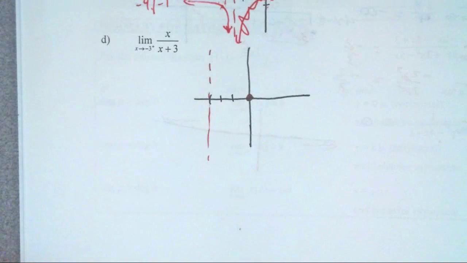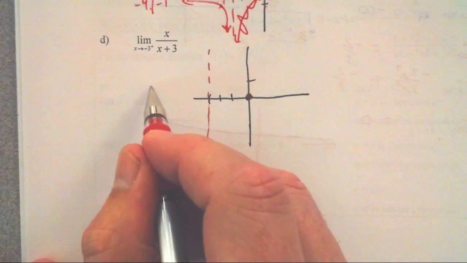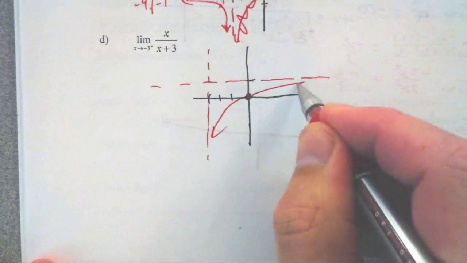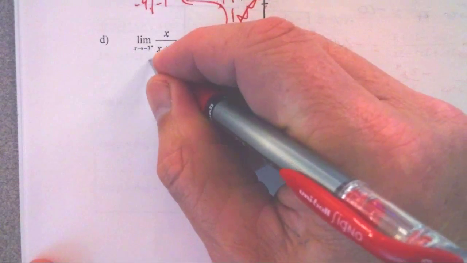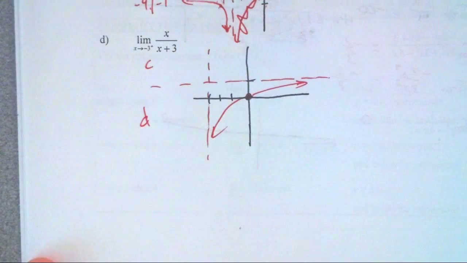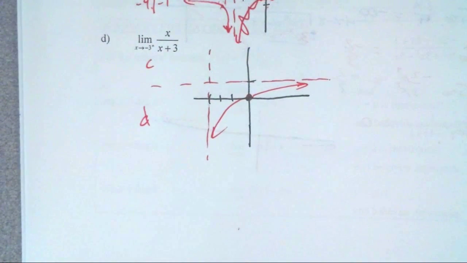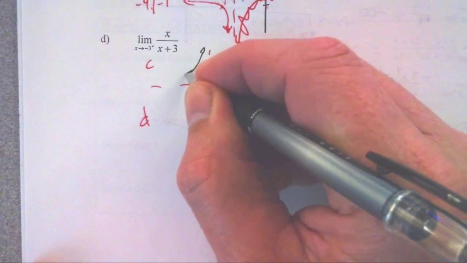Big X test. What's this graph eventually want to look like? 1. C or D. We could put -4 in, but we're in C. Don't know why I did that in black.